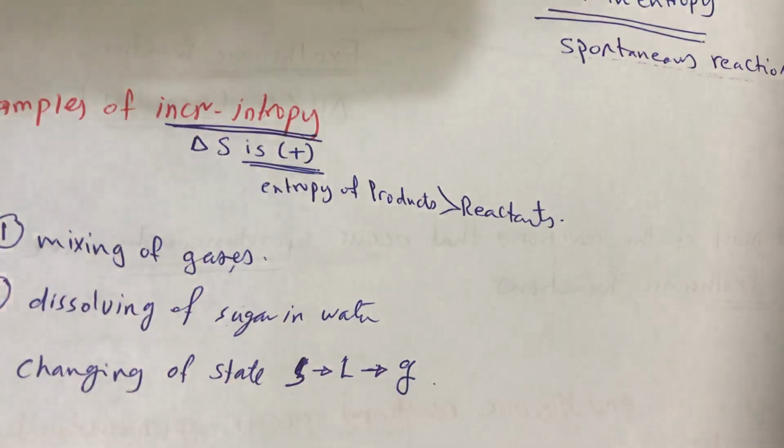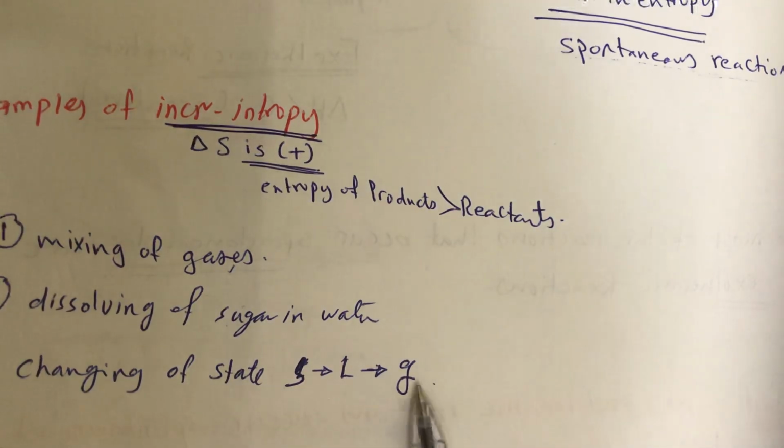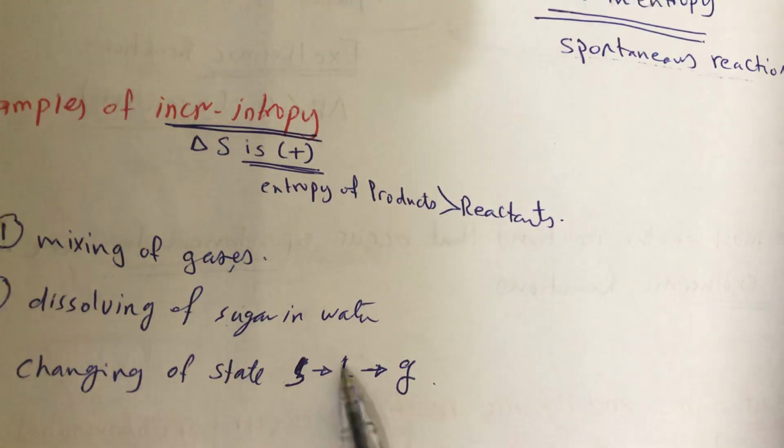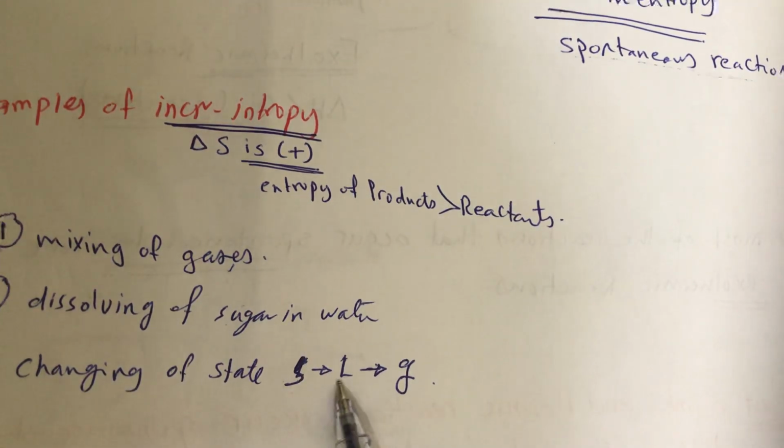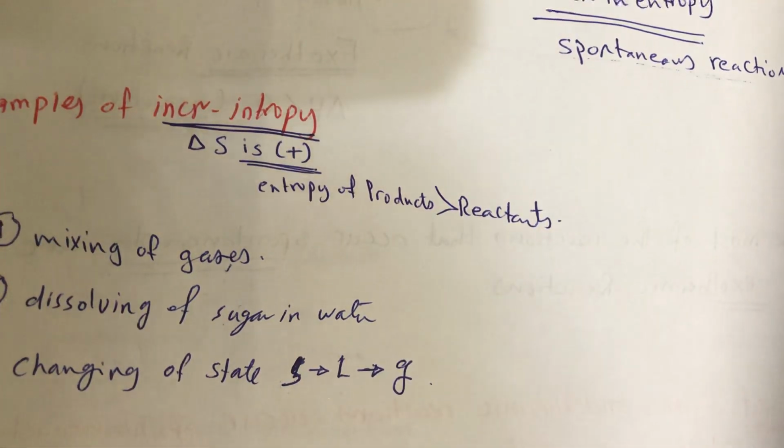If you remember, gas particles are free to move, so they have a random arrangement. And what about liquid? Compared to solid, liquid particles have more kinetic energy, they move freely, so they have less order than particles in a solid.